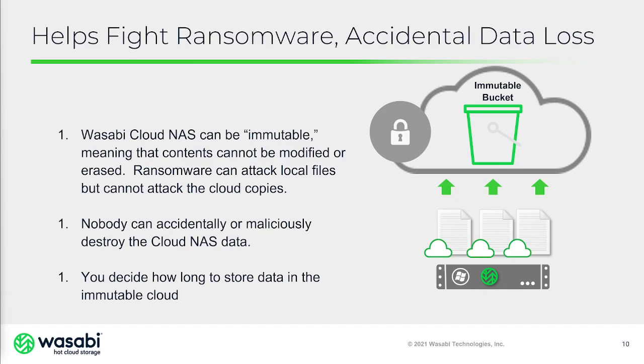Well, you can enable immutability on that Wasabi bucket, and that means that the data that's put inside the bucket cannot be changed by anybody, and I mean absolutely anybody, for the amount of time that you designate. So if you say I want my bucket to be immutable for 6 months, you know that all new data that gets put into that cloud bucket cannot be changed by anybody for 6 months.